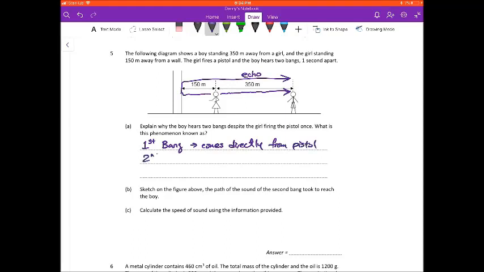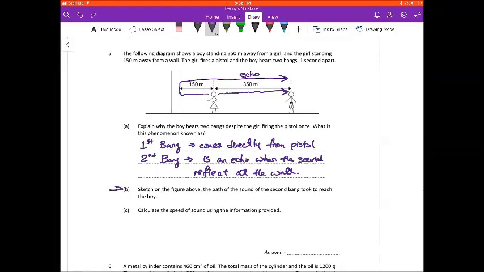And your second bang, okay, is an echo when the sound reflects at the wall. So you need to tell me first bang, second bang. Okay, most of your answers just give me, oh, second bang is an echo, full stop. Cannot.